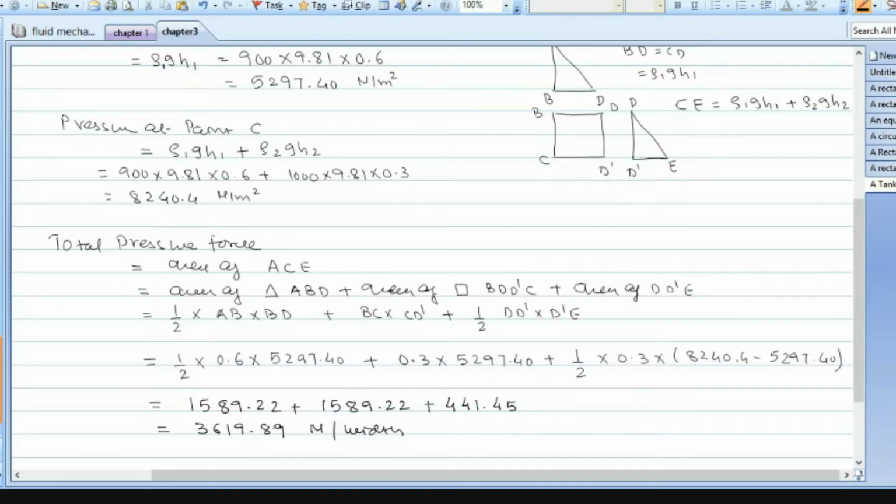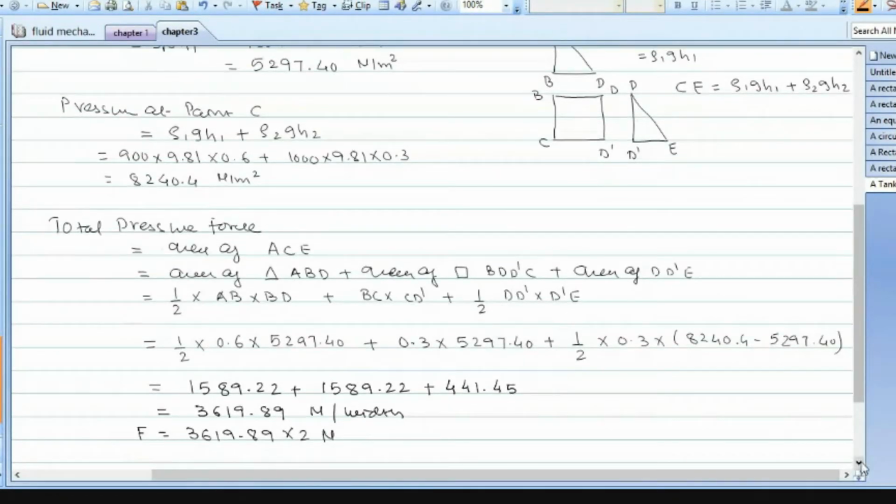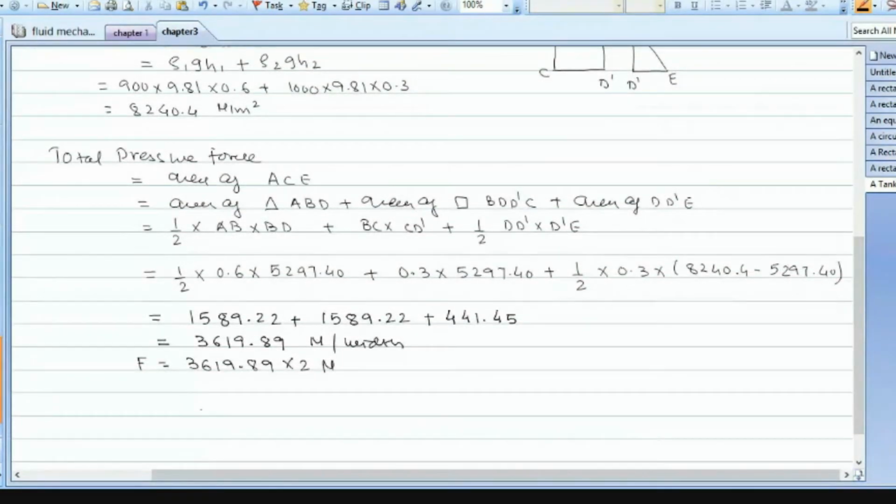The width of the tank is given as 2. So the total pressure force equals 3619.89 into 2 in Newton. Finally we get the answer, 7239.78 Newton. So this is the total pressure force acting on the side wall of the tank.